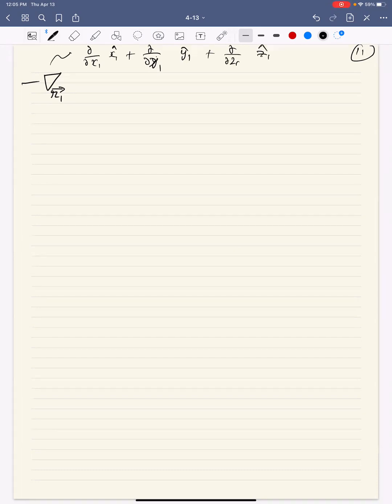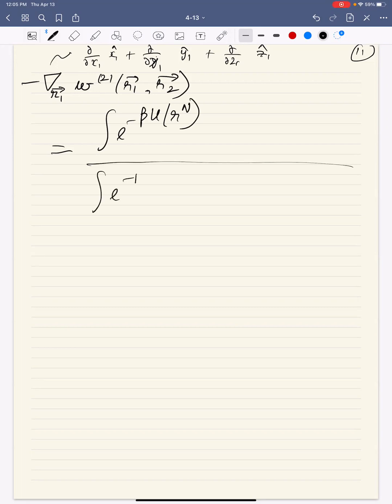That's a gradient. So here we had the gradient of W2, which depends on R1 and R2. Let me write it in a more general sense. That turned out to be equal to the integral of e to the power minus beta U of Rn, the full many-body potential. In the denominator, we have the same thing that first shows up, Rn, multiplied by dR3, dR4, dRn.